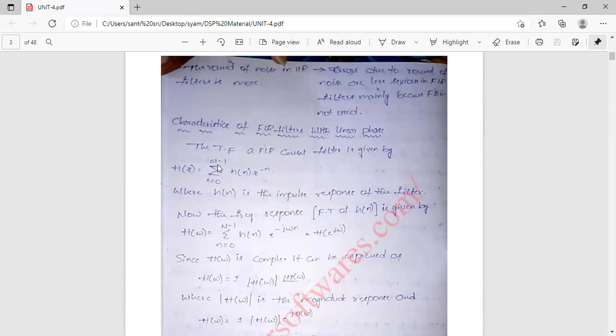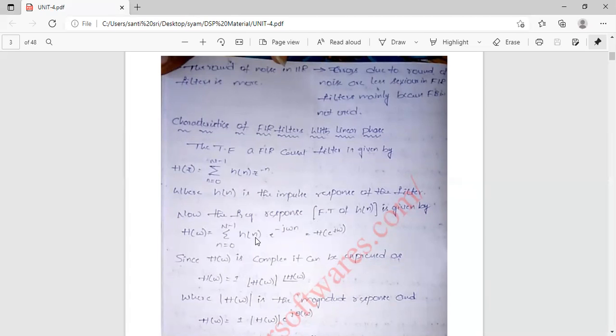This is the z transform, where h of n is the impulse response of the filter. Now the frequency response, that is the Fourier transform of h of n, is given by H of omega equal to sigma n equal to 0 to N minus 1, h of n into e power minus j omega n.